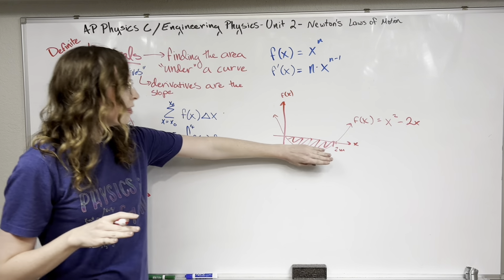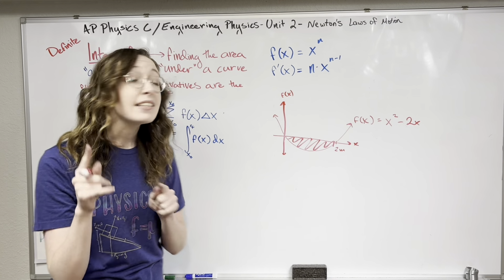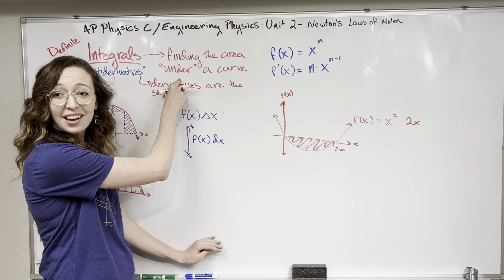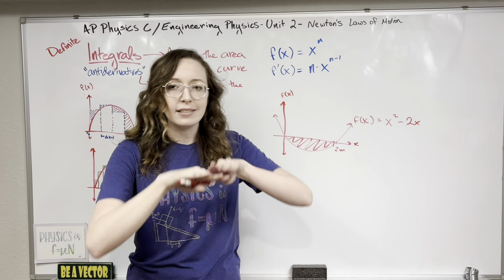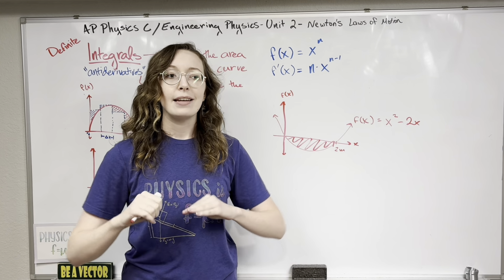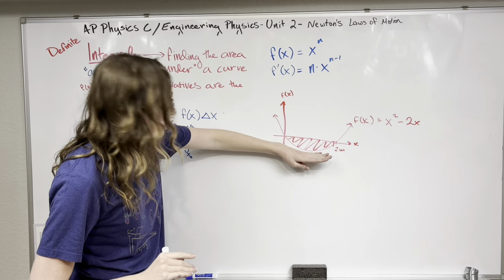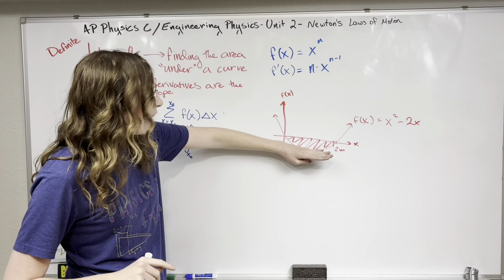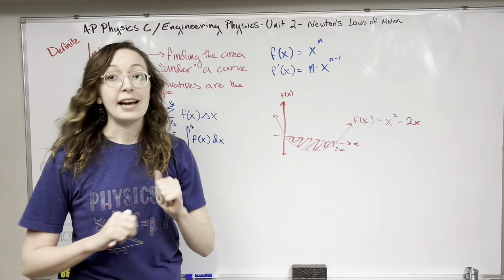So this area here is not really under our curve. And this is why I put little quotation marks under my definition earlier. When we say under a curve, we don't necessarily mean beneath. We mean the area between our curve and the x-axis. So if our line is below the x-axis, that area under our curve is the area beneath our line in the x-axis.